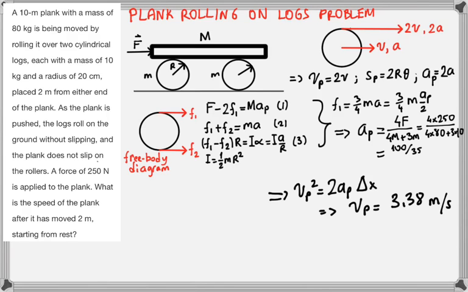So the rest is, once you fix this relation between the speed of the plank and the speed of the cylinders, and also their accelerations, you can just write down Newton's second law for the plank and for the cylinders and solve it to find the acceleration.